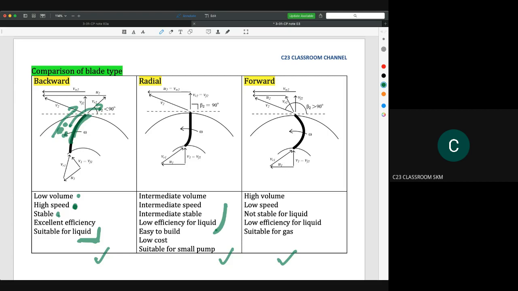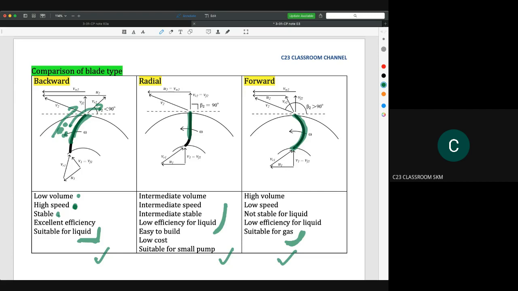Normally it is used for liquid, because again, as I said, if you have a radial like this, it is not easy for that radial to catch the gas and push it and rotate it. Normally for gas, we use the forward blade, because this shape of blade gives more advantage to the blade to catch the gas and push it and move it forward.